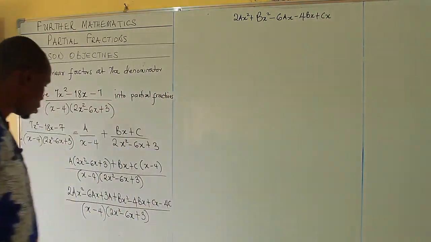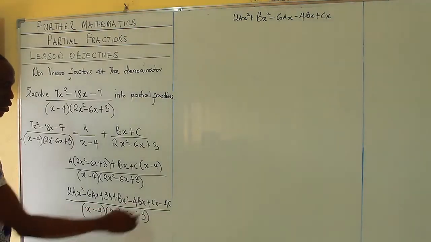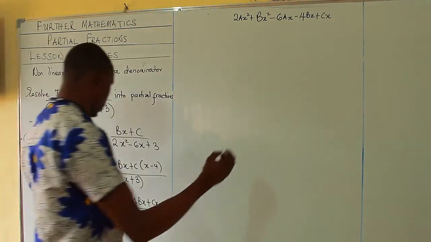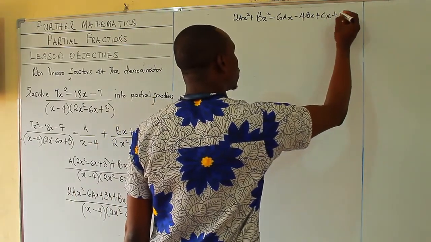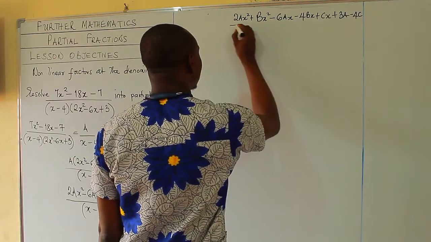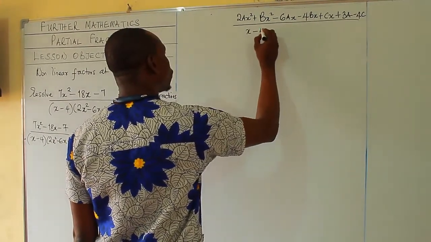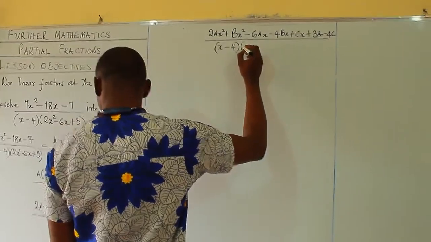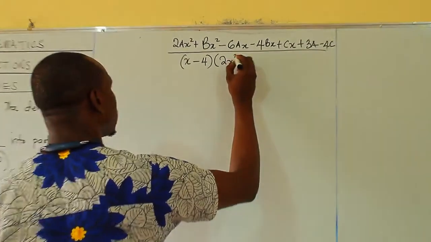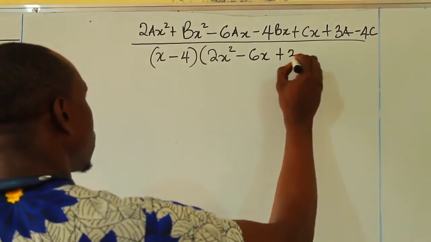And then I'll bring the constant terms together, and those are 3a and minus 4c. And they are still all over x minus 4 and 2x squared minus 6x plus 3.